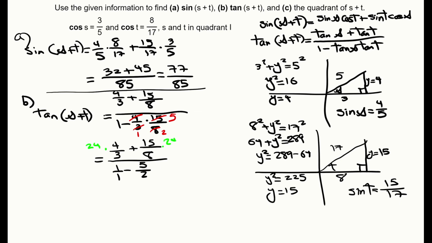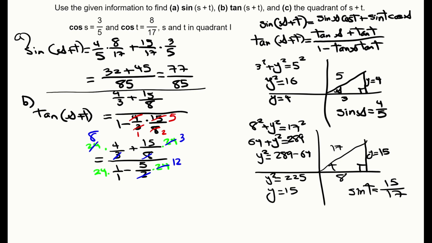So basically each term on top and the bottom is going to get multiplied by 24. And we notice that we have some cancellations here. These two will leave us 8. Those two will leave us 3. And these two will leave us 12.